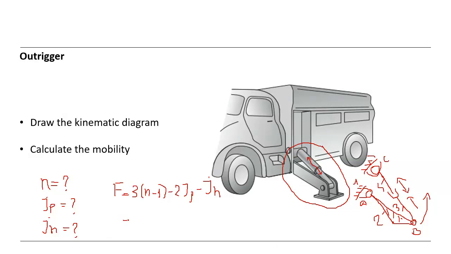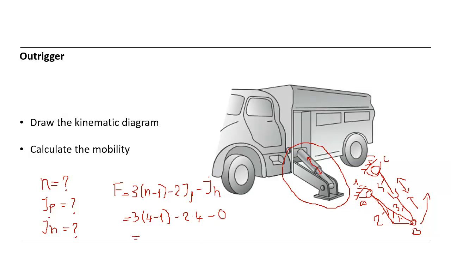That means F is equal to 3 times (4 minus 1), minus 2 times 4 primary joints, and there is no higher order joint. This is 0.